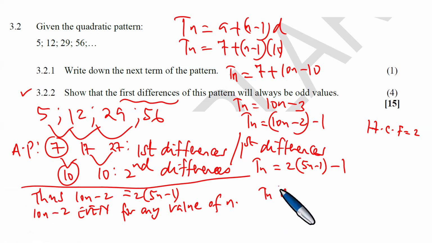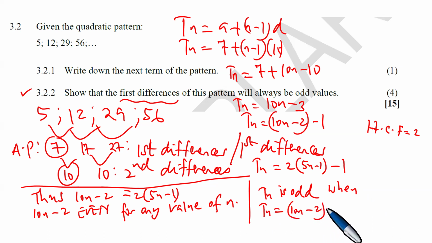Tn is odd when Tn is going to be 10n minus 2 minus 1.